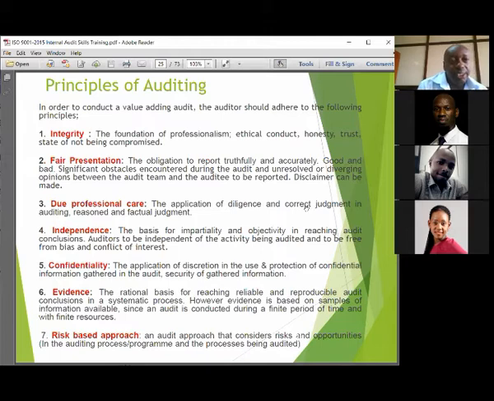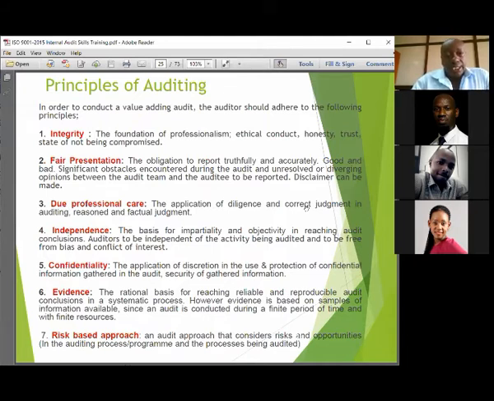Fair presentation is another principle that we need to adhere to, whereby is the obligation to report truthfully and accurately. And it states that good and bad that comes out in the audit should come out clearly.